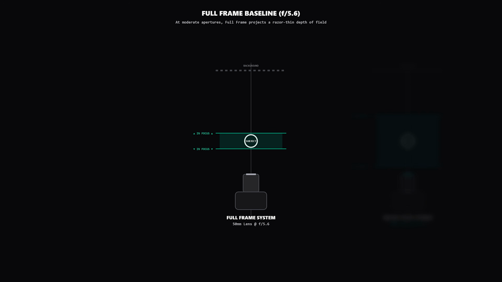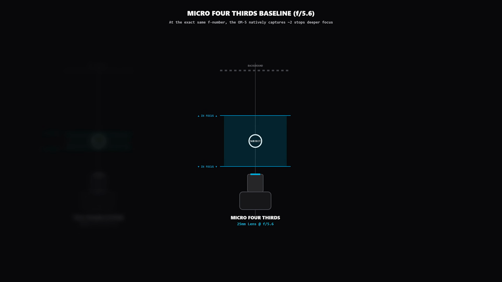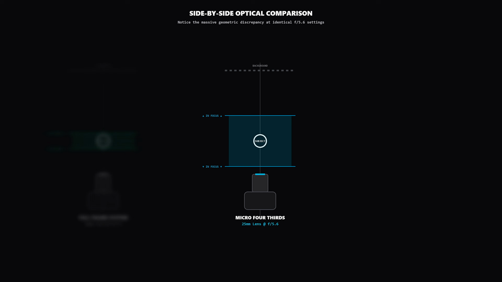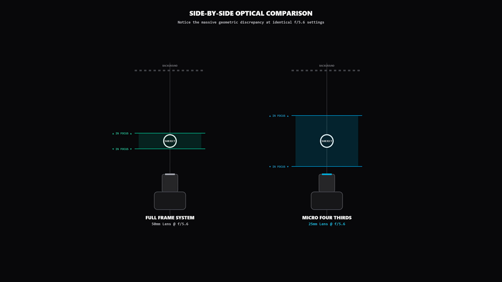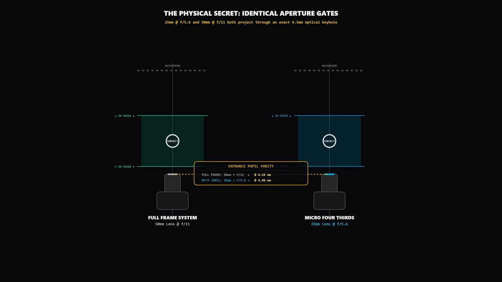If the only reason we stop down is to get that massive sweeping focus from the foreground to the background, well, smaller sensors render depth of field differently. An aperture of f5.6 on a Micro Four Thirds gives you roughly the equivalent depth of field of f11 on a full-frame camera, assuming you're standing shoulder to shoulder with them, framing the exact same shot.